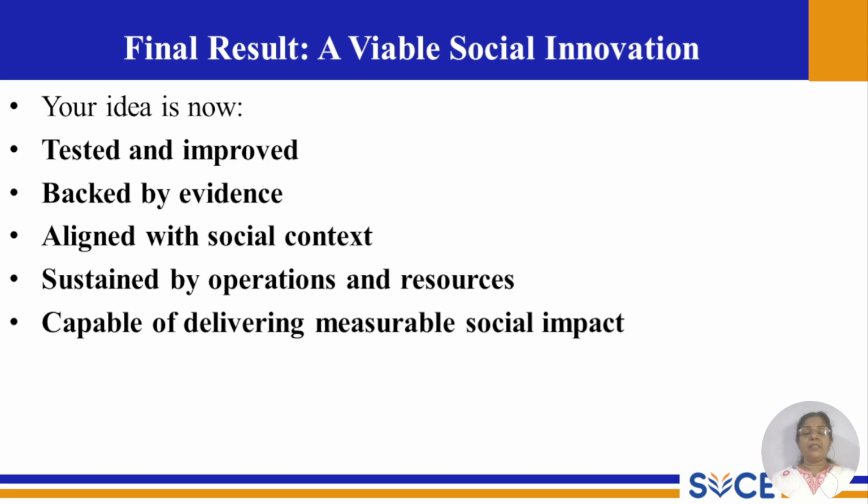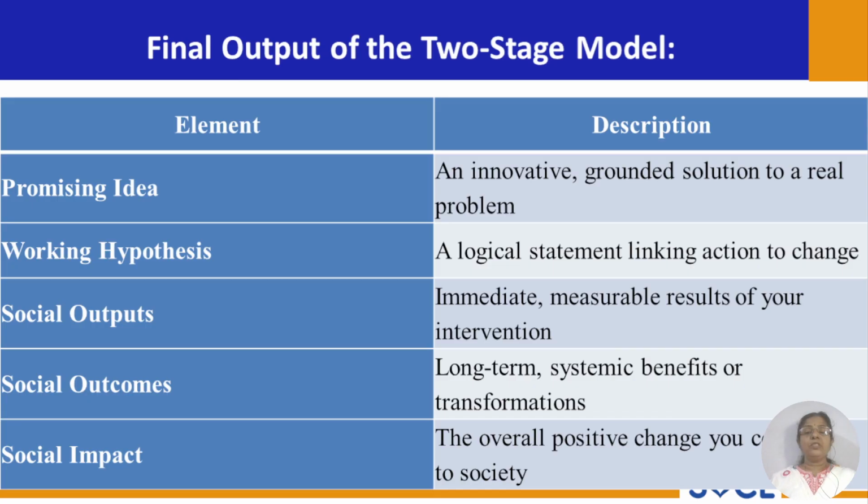Our idea is now tested in the society and the environment where it is going to work, and based on the test and feedback we have improved and made some changes, and it is backed by evidence to show it will create a social impact. It is aligned with social context, sustained by operations and resources, and capable of delivering measurable social impact.